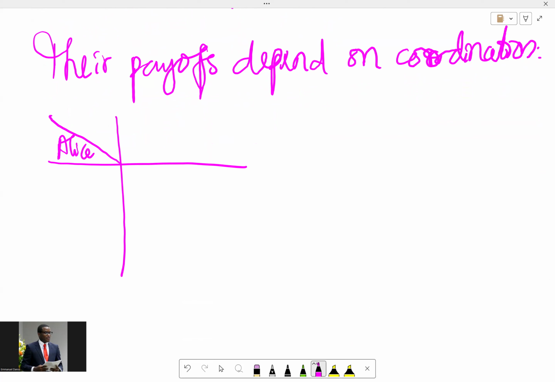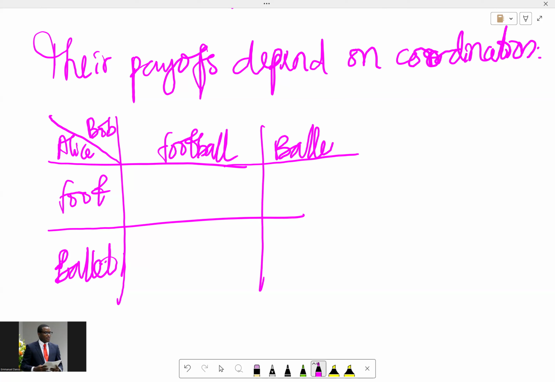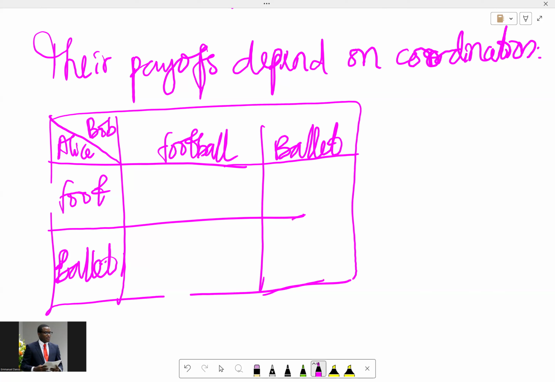So let's have Alice here, and then we have Bob up here. Imagine football and then ballet, and for Bob also we have football and then ballet.